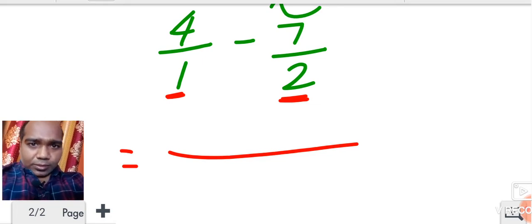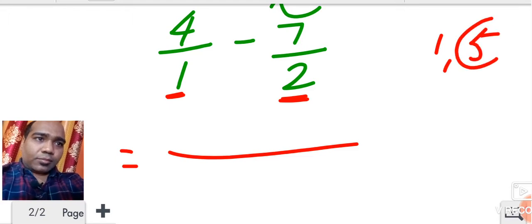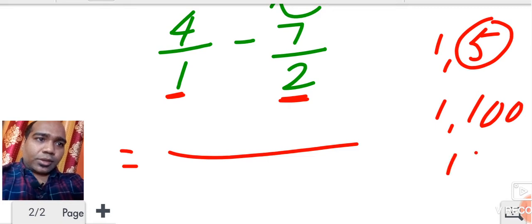Any number with 1, if we have to find the LCM of 1 and 5, the LCM will be the larger number. If we have to find the LCM of 1 and 100, the LCM will be 100 only. If we have to find the LCM of 1 and 7, the LCM will be 7 only.